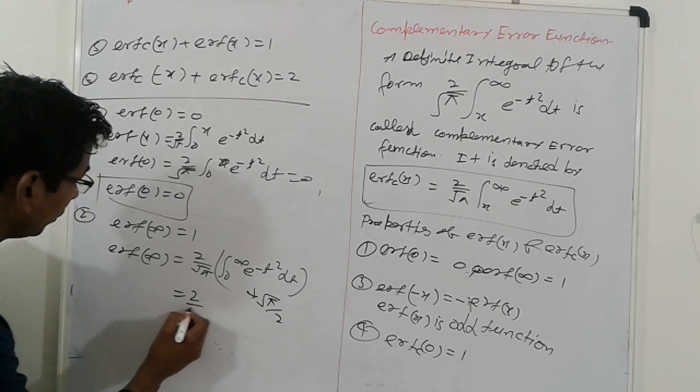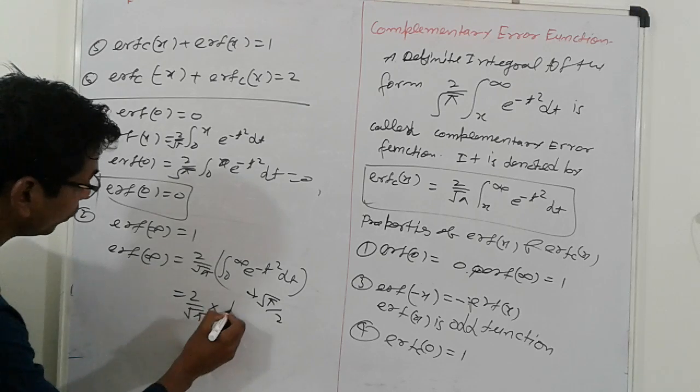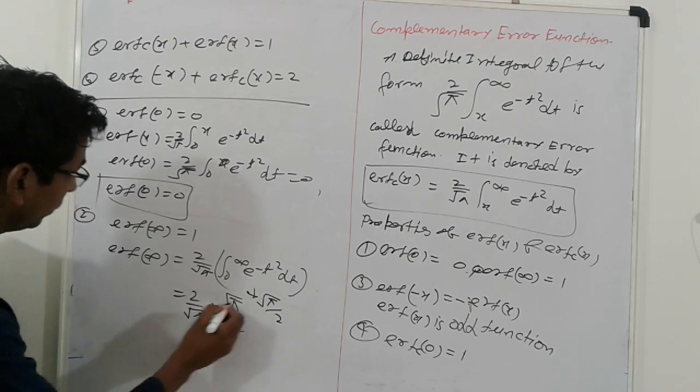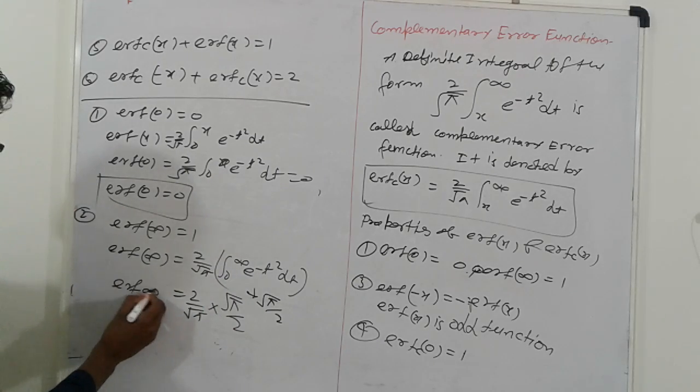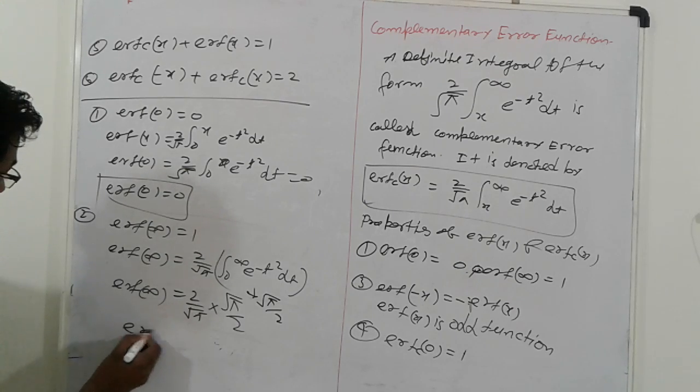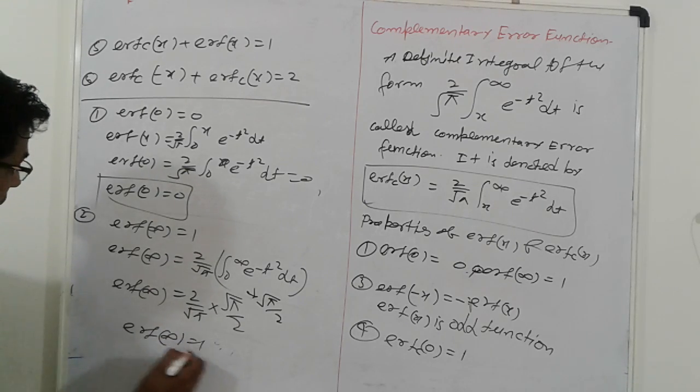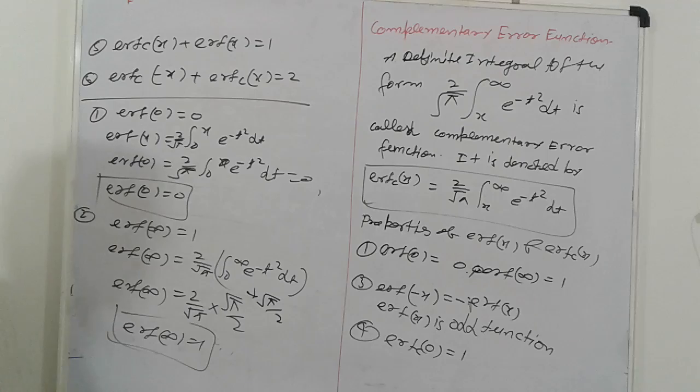So here 2 upon root pi into under root pi upon 2. So that is erf of infinity. It means cancel. So erf of infinity equal to 1. That is the second property. Proved it. Next, go to the third and so on.